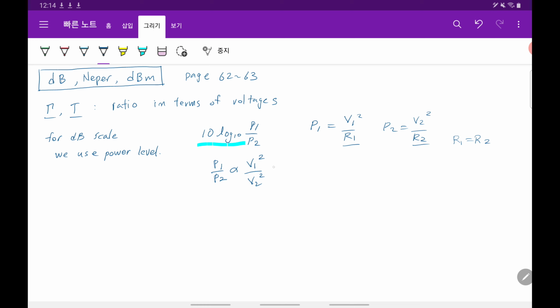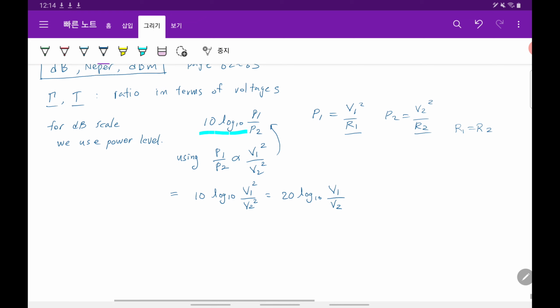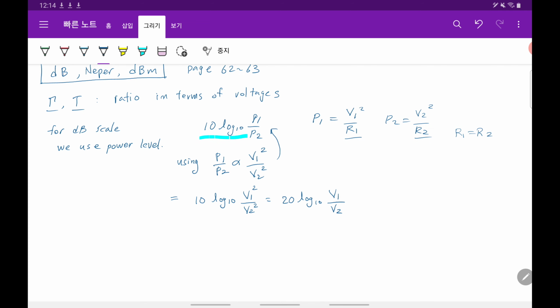So if we plug this here, this term, and then 20 comes out, right? From this voltage ratio.